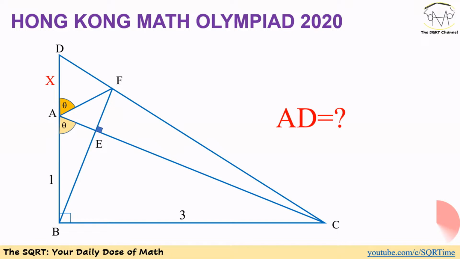AC and BF are making a right angle at E. We know that the angle BAC is equal to the angle DAF, and we also know that AB is equal to 1 and BC is equal to 3. Based on this, we want to find the value of AD. Before moving forward to talk about the solution, make sure that you pause the video to think about the problem.